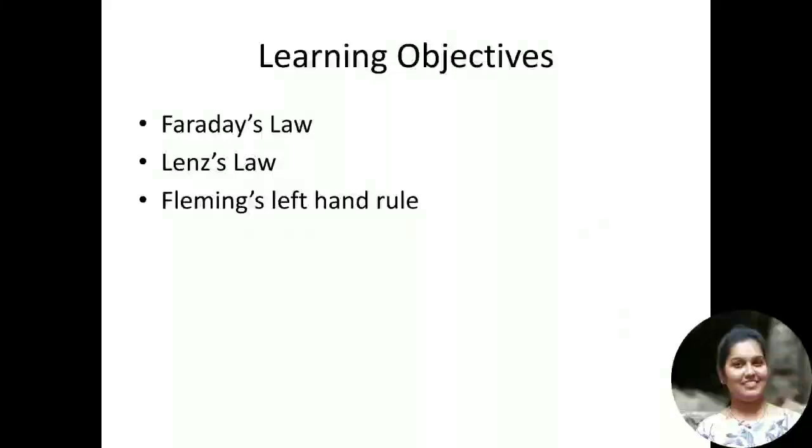Okay, so why I have taken only these three laws for today's video is that all three laws are one way or other connected to each other. The direction of rotation of a coil which is working under one law is defined in another law, or else it is proved in another law.